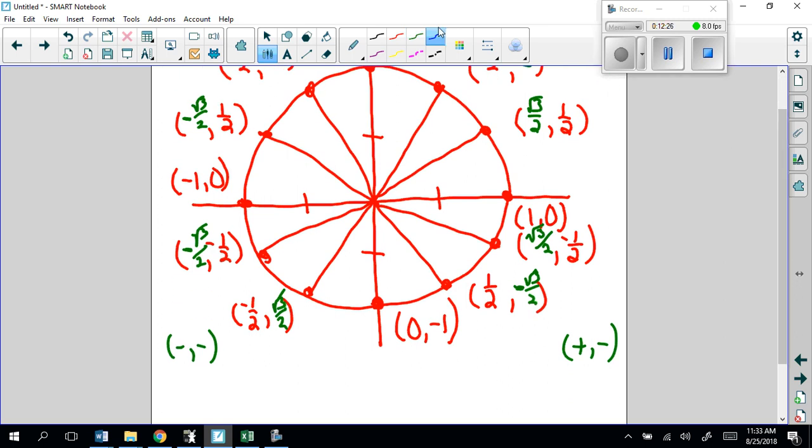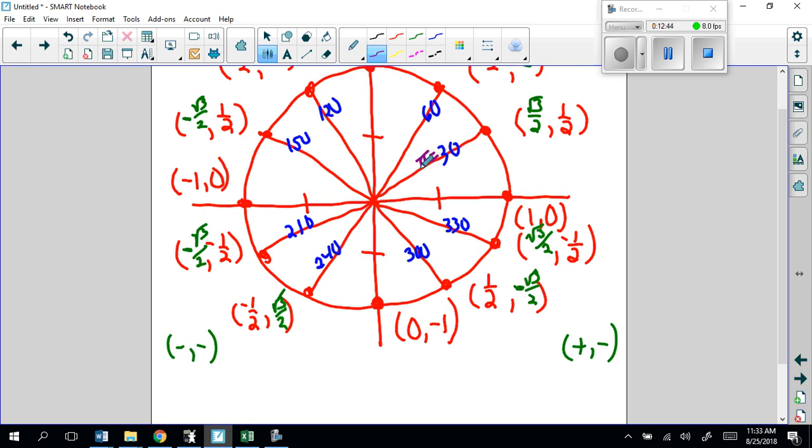Now, it's always nice if you mark the angles. 30, 60, 120, 150, 210, 240, 300, 330. It's always good if you write down the radian equivalent.